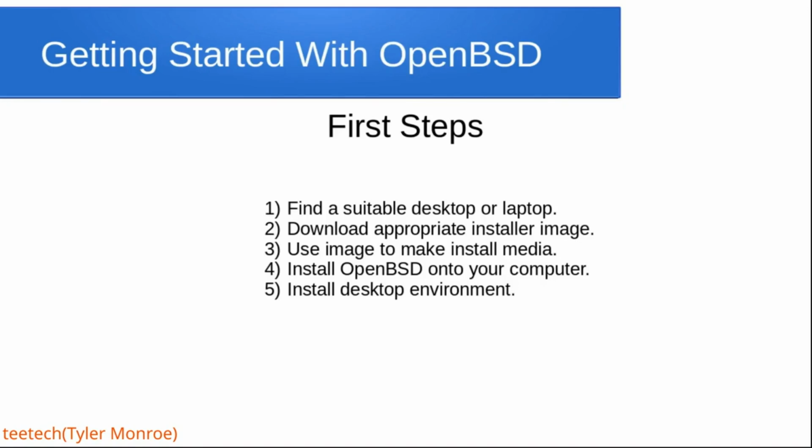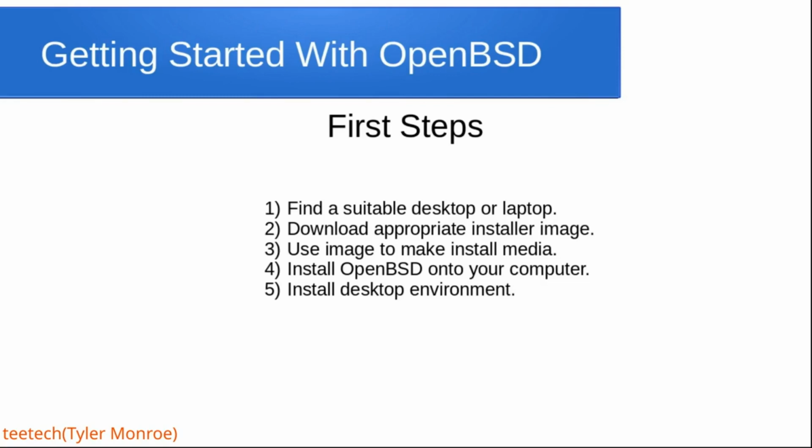Regardless though, there's a lot of ways to do this. Once you make your media, you'll want to put the install media into your computer. And if you made it correctly and it's not corrupted, it should just boot up fine for you. At that point, you would follow the instructions on there to install it.